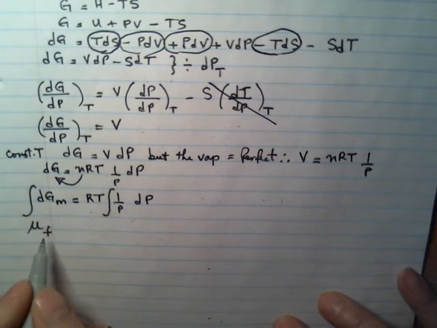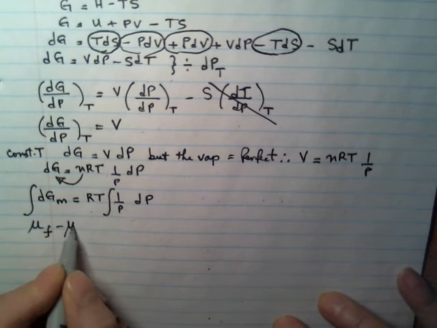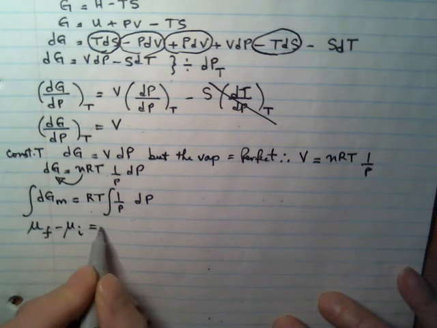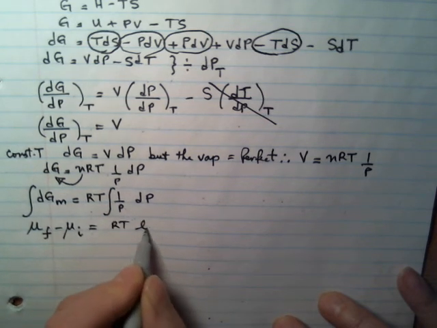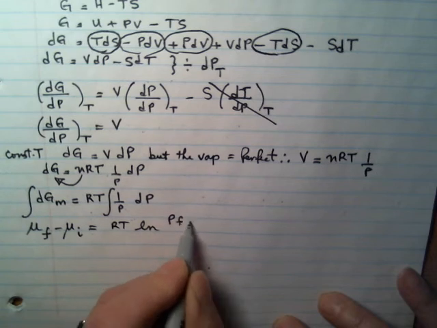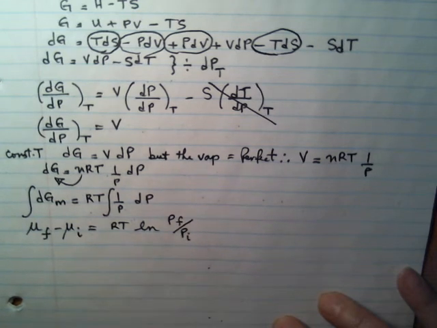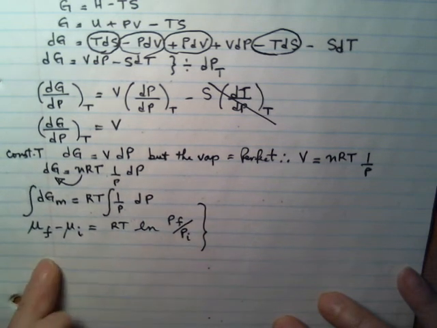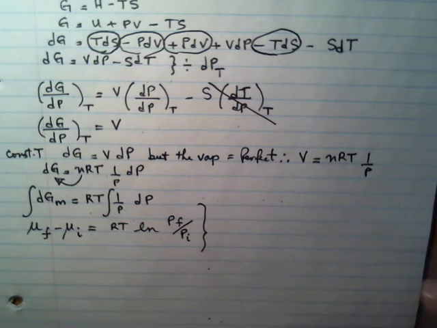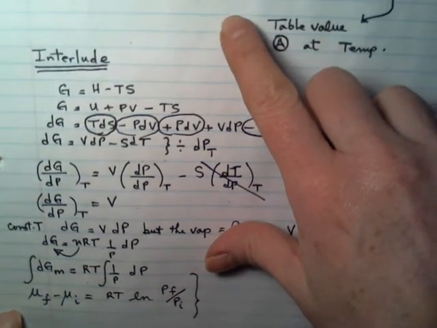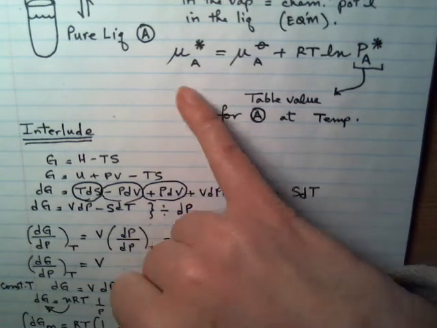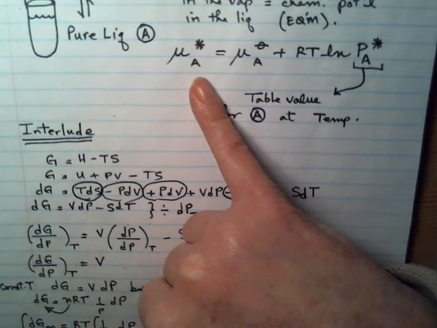It's a molar Gibbs energy: the chemical potential in the final state minus the chemical potential in the initial state, equal to RT ln of P final over P initial. Now, this is very general, initial, final. Let's go back up here. I wanted to know, just tell me what is the chemical potential of A.